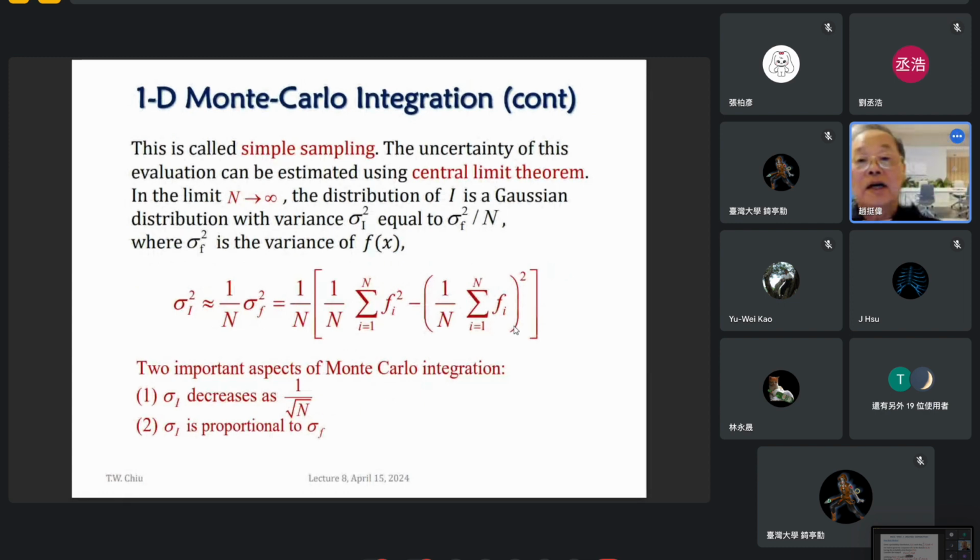The uncertainty of this evaluation can be estimated by the central limit theorem.